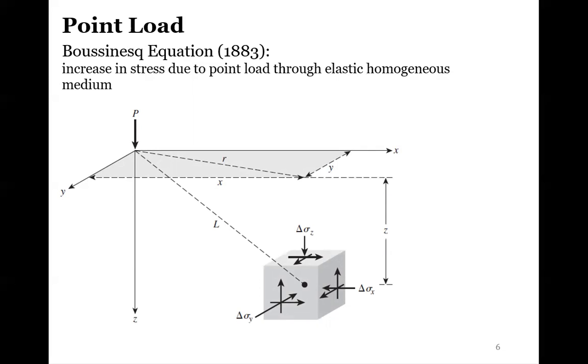So he came up with this really simple equation here that if we have a point load, so this would be in terms of a force, which means it would be like pounds or kilonewtons or kip, something that is a point force, not a force divided by a cross-sectional area. But at any location horizontally and at any depth away from it, you can determine that delta sigma z, that increase in stress.